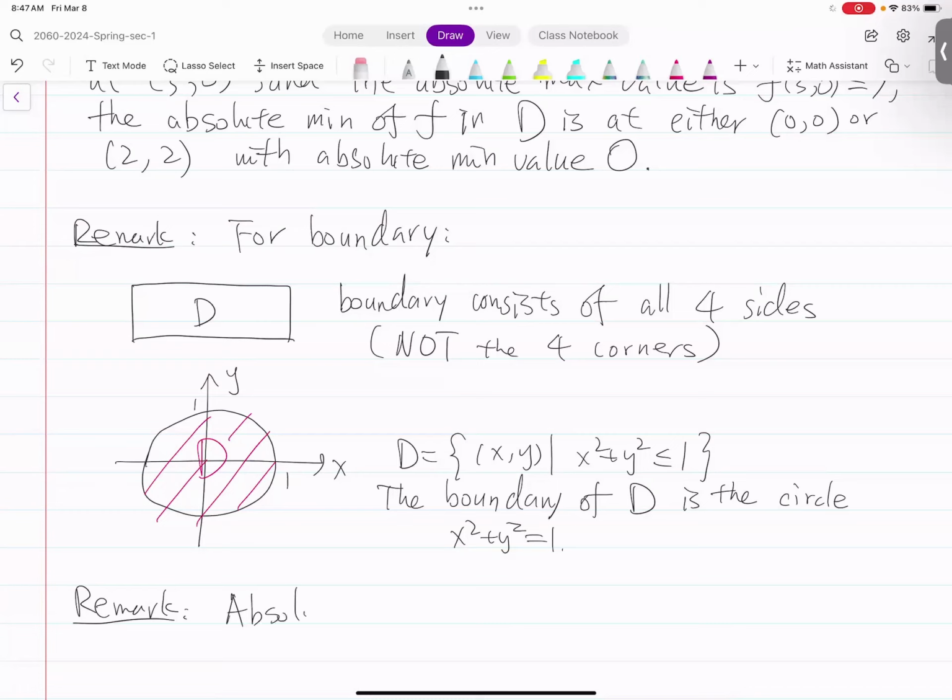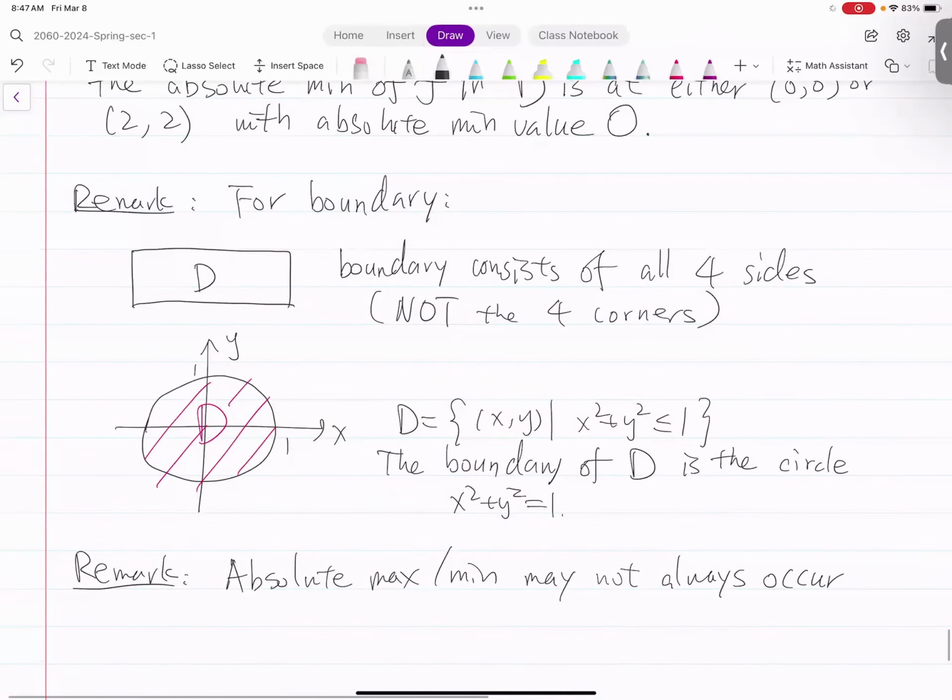Absolute max and min may not always occur at critical points.